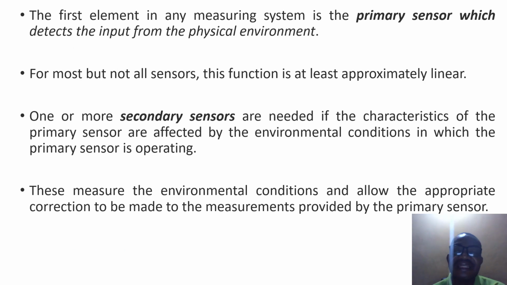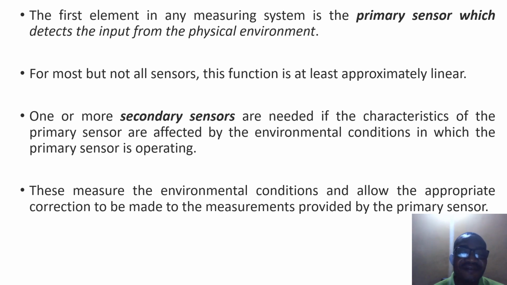The first element in any measuring system is the primary sensor, which detects the input from the physical environment. So the first element of any system to be measured is the sensor. For most, but not all sensors, this function is at least approximately linear. Usually this function is a linear function.